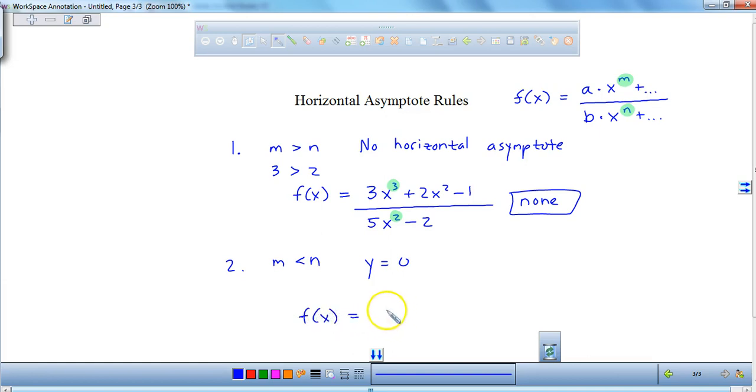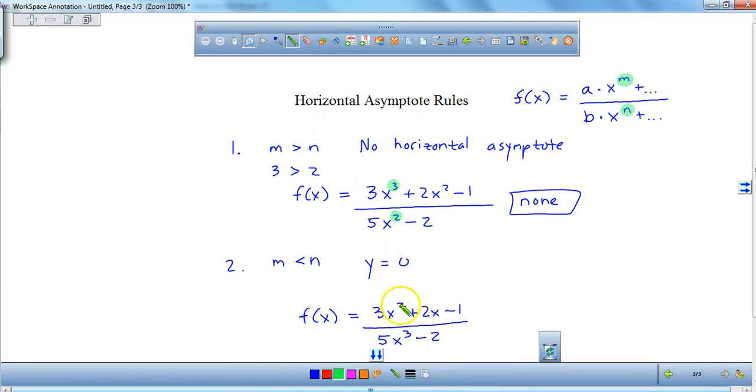If f of x equals, let's say, I'll switch it: 3x squared plus 2x minus 1, and then I'll make the bottom exponent bigger. All I'm doing is using the same numbers, except I'm changing the powers. This is where the horizontal asymptote will be at y equals 0.